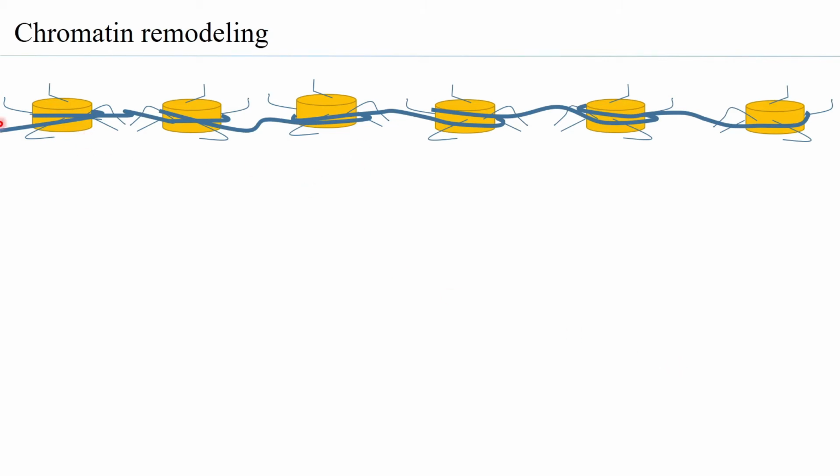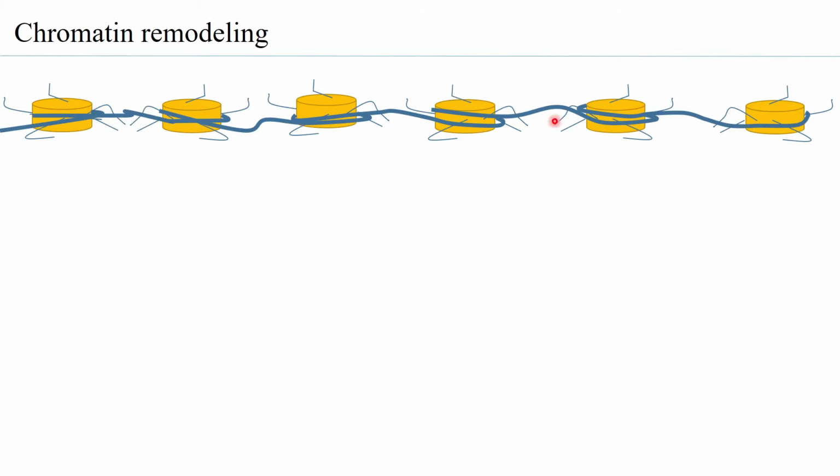This is basically the DNA wrapping around every nucleosome core particle, with the DNA wrapped around being the core DNA and the DNA between two adjacent nucleosomes being the linker DNA. The linker DNA is also bound by histone, that is H1.